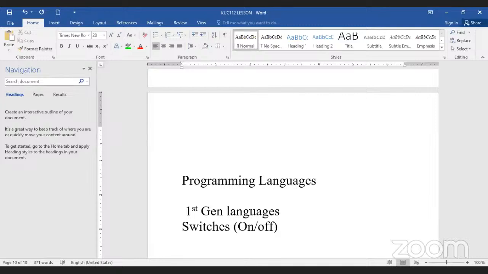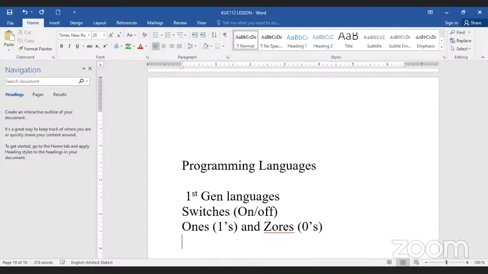So it means this computer used ones and zeros, because it had mechanical switches that were to be turned on and off for the computer to understand. So it means that a first generation computer used machine language.